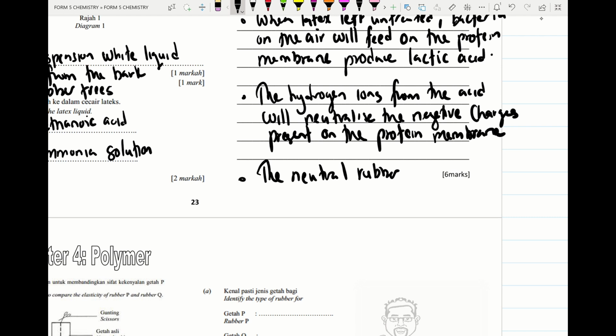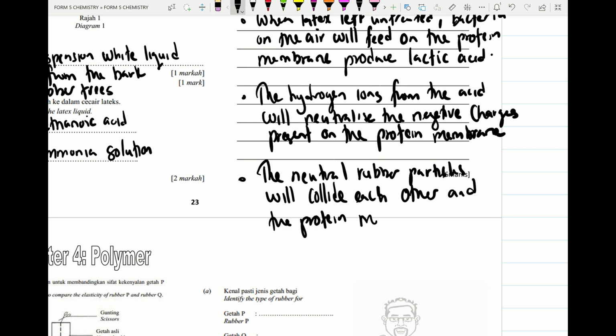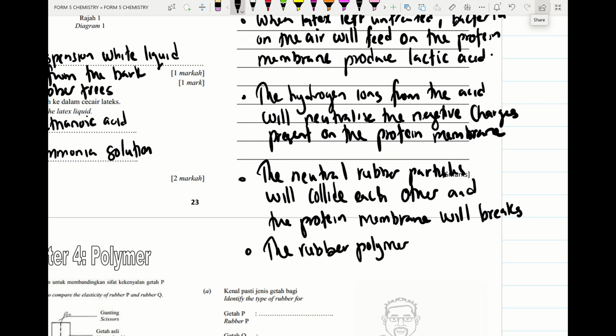The neutral rubber particles will do what? They will collide with each other, and the protein membrane will break. This causes the rubber polymers to be set free.